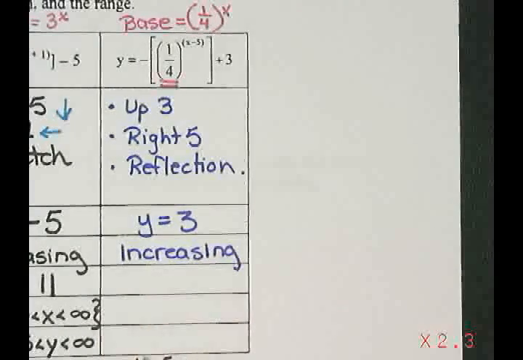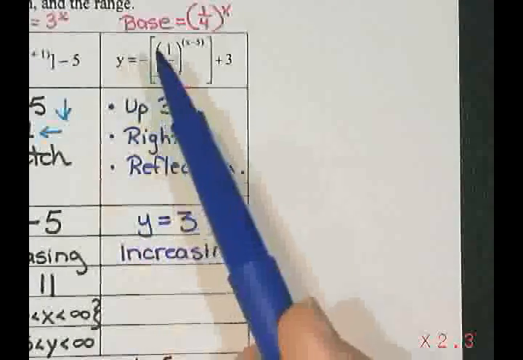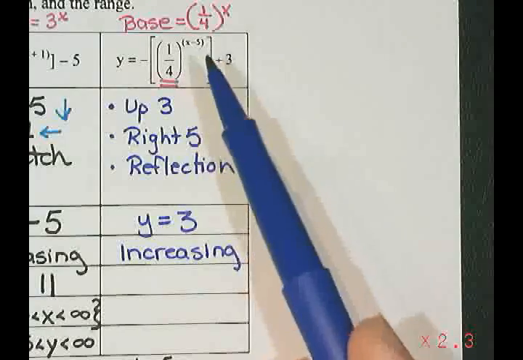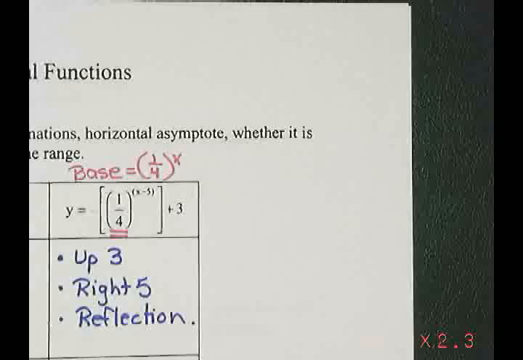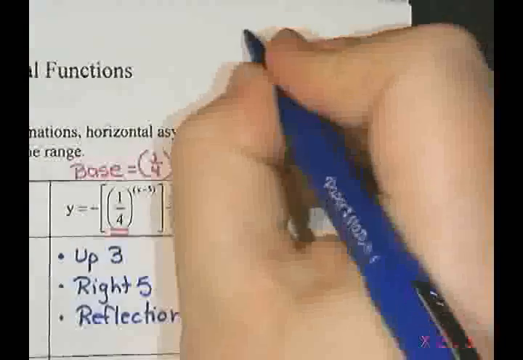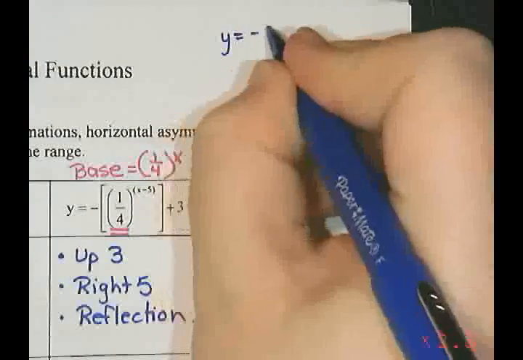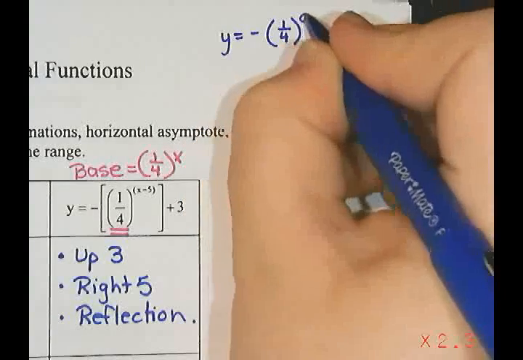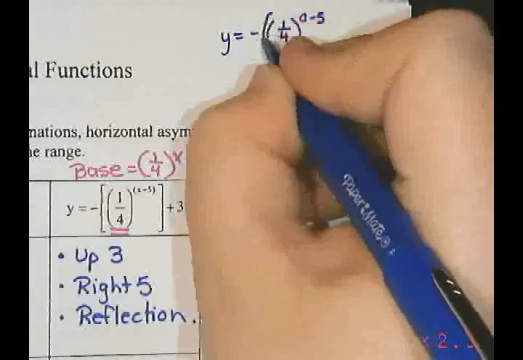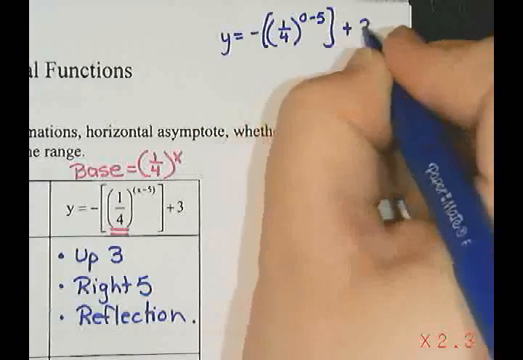All right, to find the y-intercept, we sub in x equals 0, and we can calculate. So I think I'm going to find a little bit of space up here, and we're going to calculate that. So I have y equals negative, and then I have 1/4 to the power of 0 minus 5 plus 3.